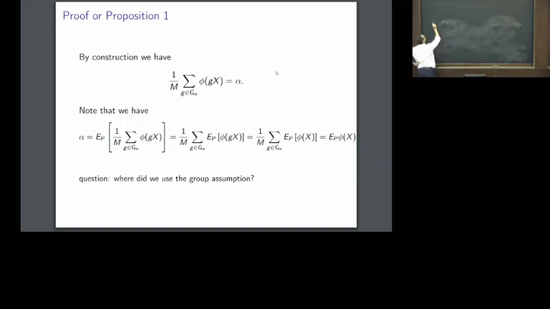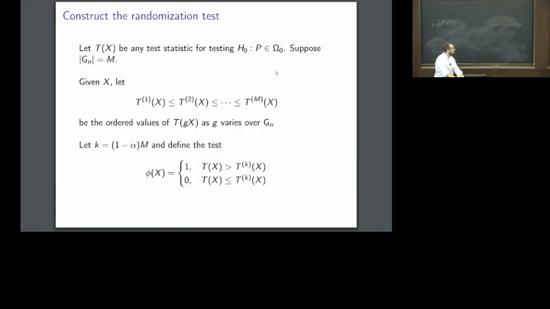Can I ask you just a clarification question? I think you didn't mention this, but probably you want to say that it's a finite permutation group, so you might not be able to achieve exactly alpha. Yeah, so you need to use some sort of randomization device, right?